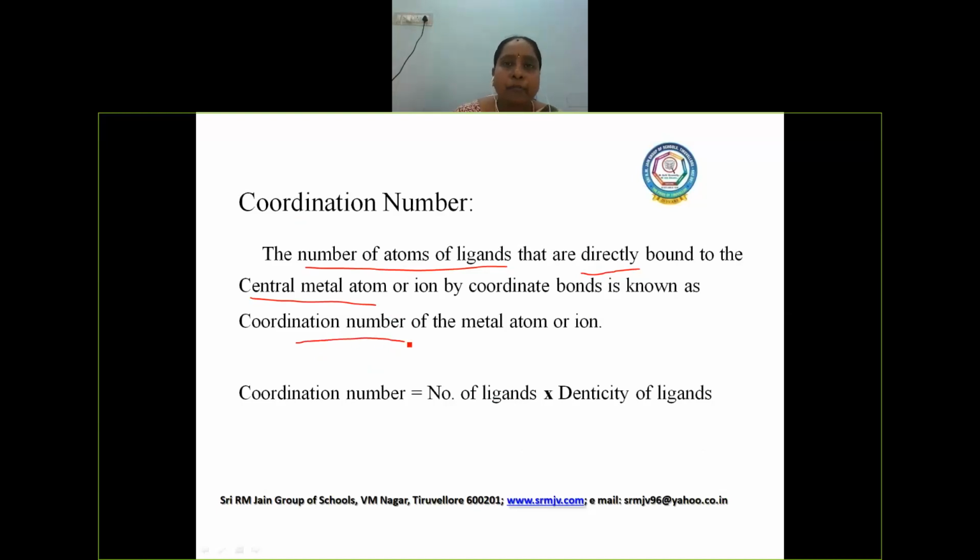And what type of bond is formed between the ligand and the central metal atom? The bond is a coordinate bond. Why is it considered to be a coordinate bond? Because already we know about ionic bonds and covalent bonds. Ionic bonds are formed due to either donating the electrons or gaining the electrons. For example, sodium chloride is ionic, right?